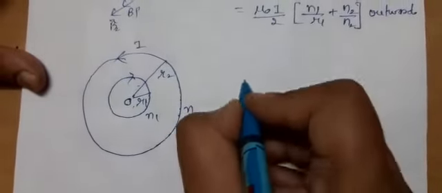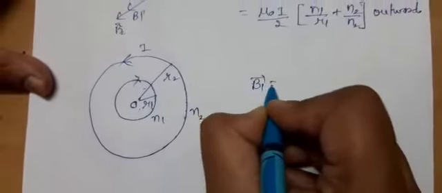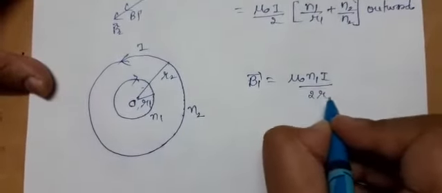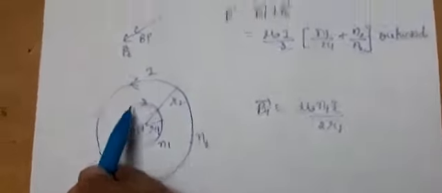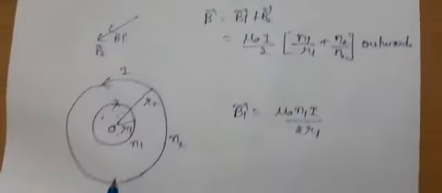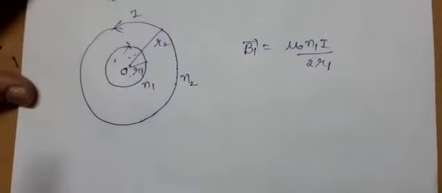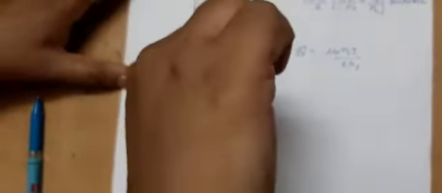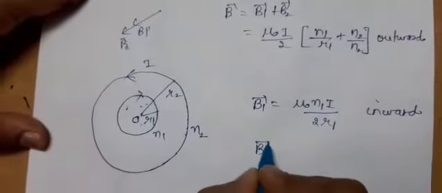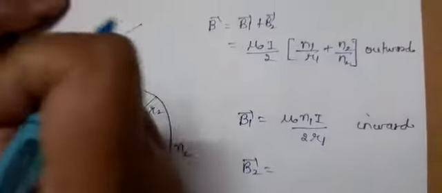So here the magnetic field due to the inner loop will be mu naught n1 I upon 2r1. Now see, from the previous case, there the direction was anti-clockwise, here it is clockwise. So you can learn the result directly, or you can apply the rule. As current is clockwise, the thumb is pointing towards the paper, so B1 is inward.